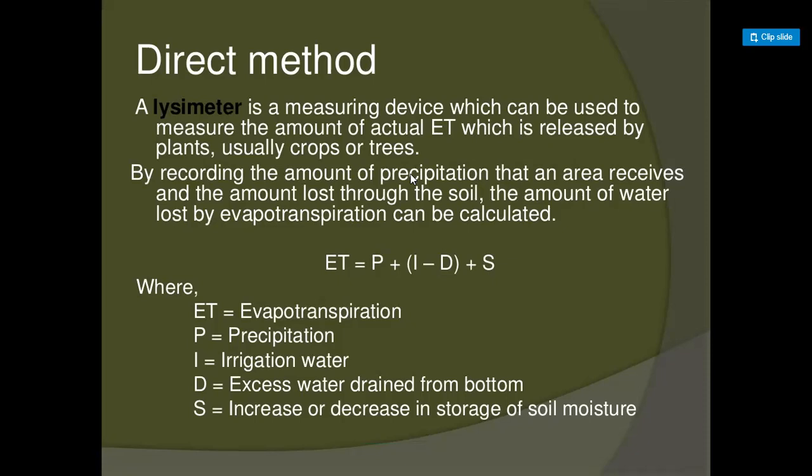By recording the amount of precipitation that an area receives and the amount lost through the soil, the amount of water lost by evapotranspiration can be calculated.